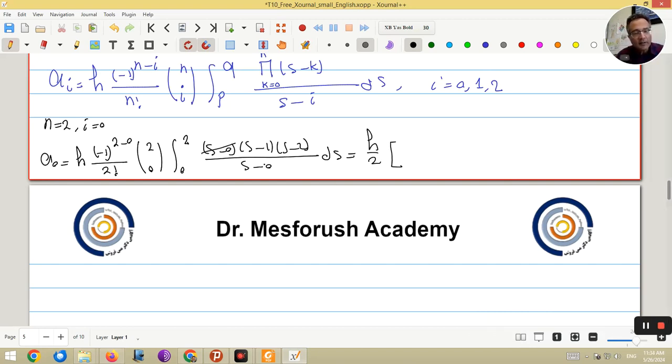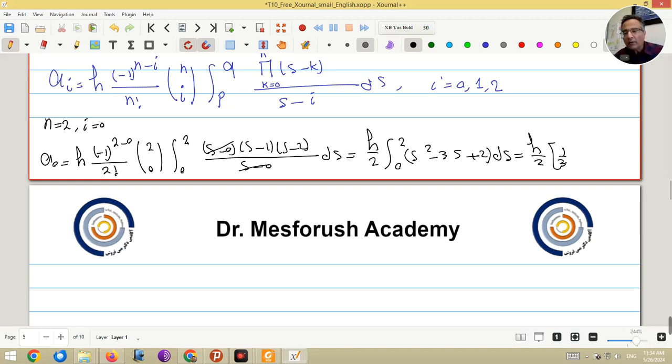It's h over 2 times, if you cancel these two terms, just h over 2 integral from 0 to 2 of s squared minus 3s plus 2, d of s, and this is h over 2 times 1/3 s cube minus 3 over 2 s squared plus 2s, from 0 to 2, right?